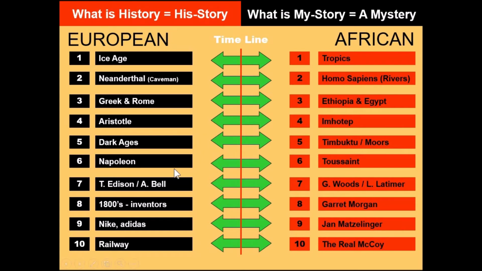The equivalent, and should I say at the same time, of Napoleon's existence, we had Toussaint, who was a Haitian revolutionist who did not allow for his island of Haiti, or country of Haiti, to become colonized by the French.